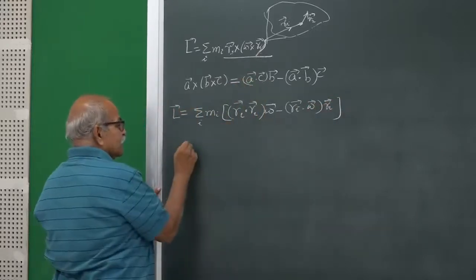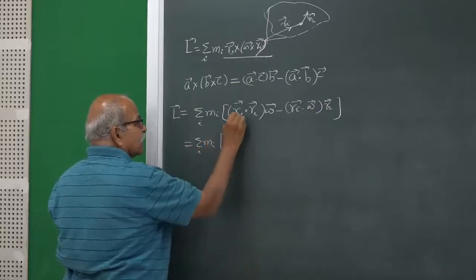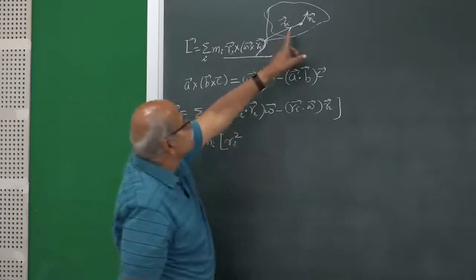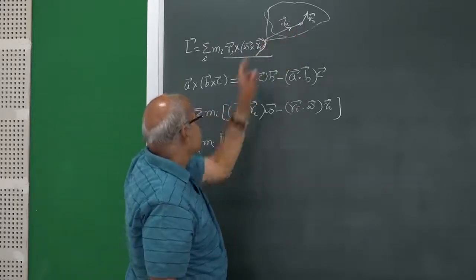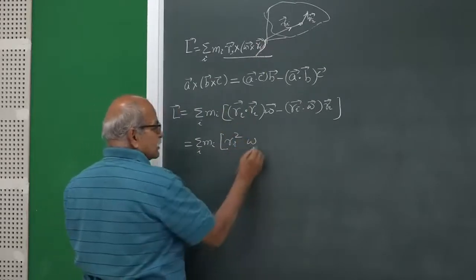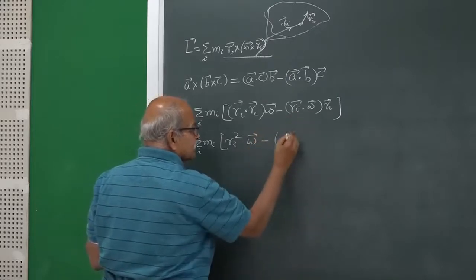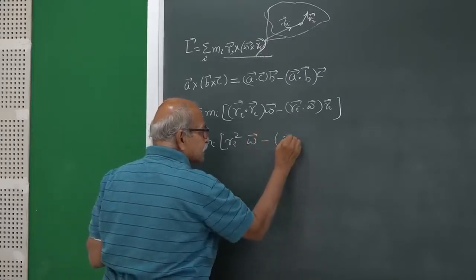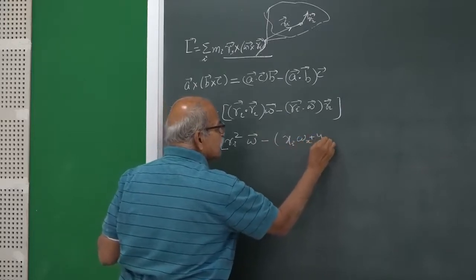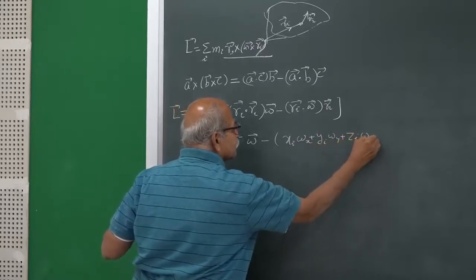This is equal to summation over i of m_i, r_i square, where r_i is the distance of the particle from the origin, times omega, minus x_i omega_x plus y_i omega_y plus z_i omega_z times r_i.